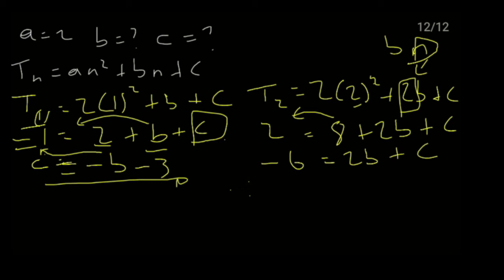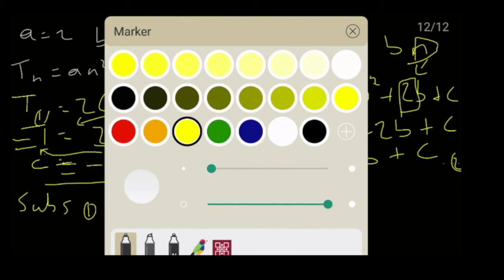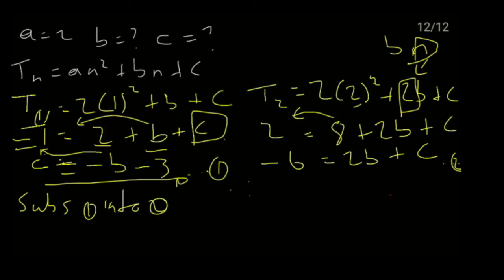And I can go on and say this is my equation 1 and this is my equation 2, right? Now what we do next is substitute equation 1 into equation 2, meaning whenever we see a C in equation 2, we put -B minus 3, right? So let's go on and do that.